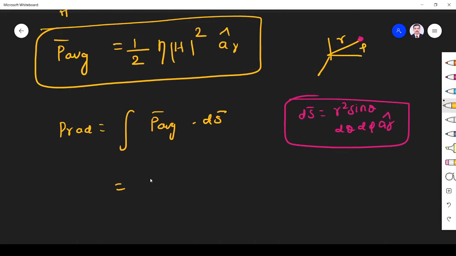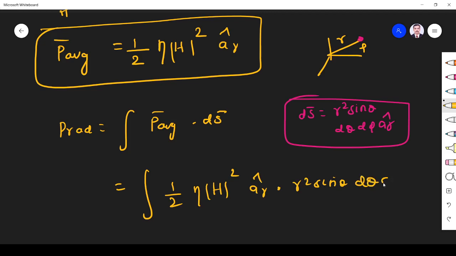Now I substitute P average, which we can write as 1 by 2 eta H squared into a r. ds is given by r squared sin theta d theta d phi a r.